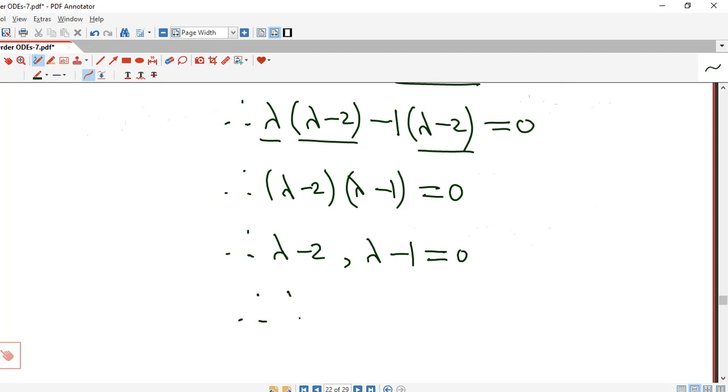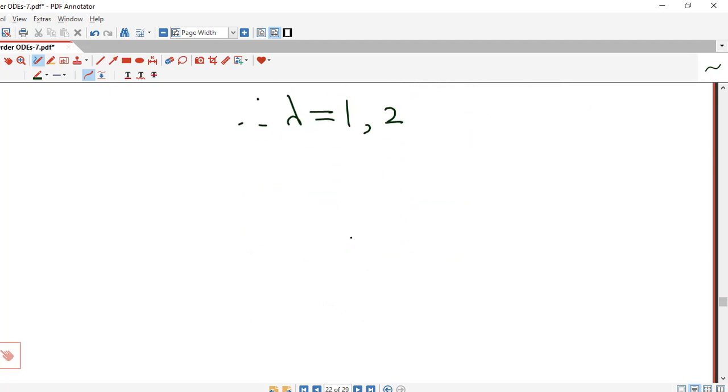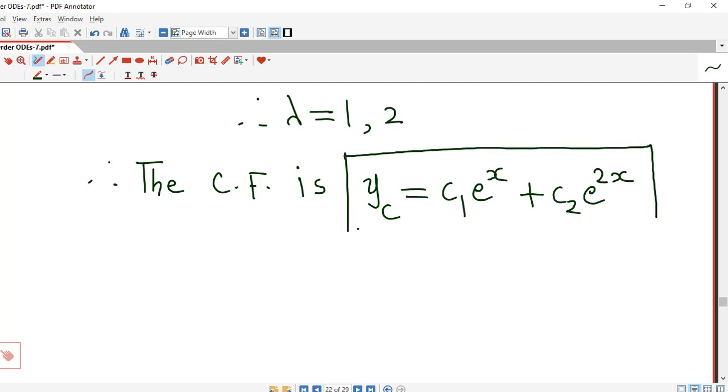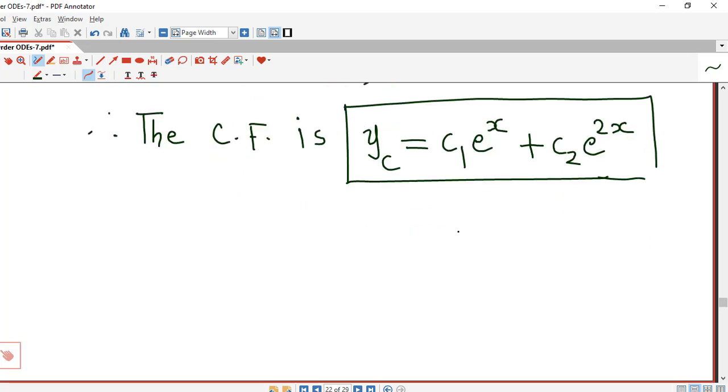So two possible values of lambda are 1 and 2. So we have real and distinct roots. Therefore the complementary function is yc equal to c1 times e raised to x plus c2 times e raised to 2x. This is the complementary function for the given non-homogeneous ordinary differential equation.